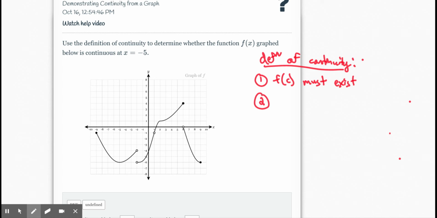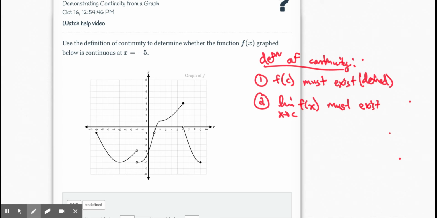The second one is that the limit as x goes to c of f of x must exist. You might also see it say not must exist, but might be defined. So f of c must be defined. Limit must exist.